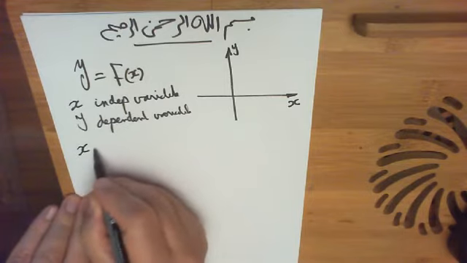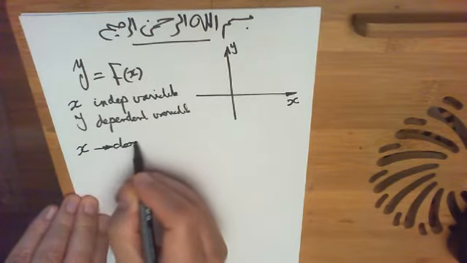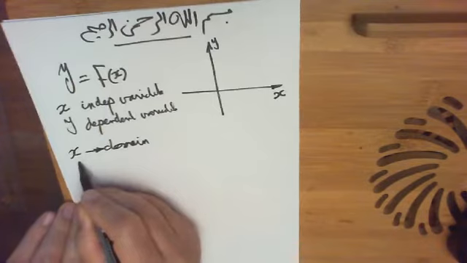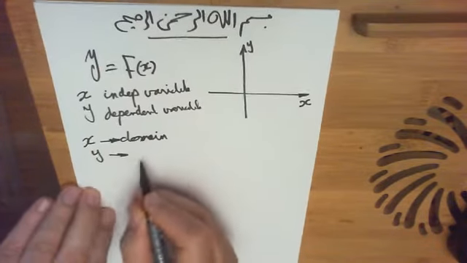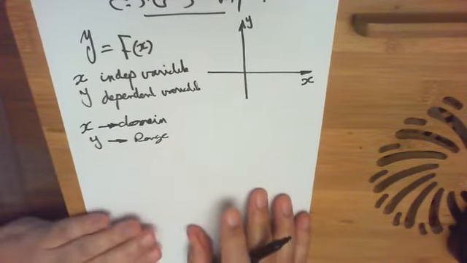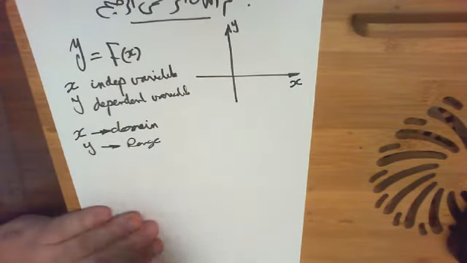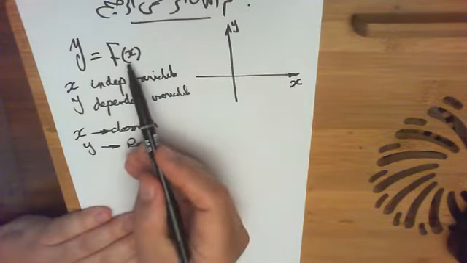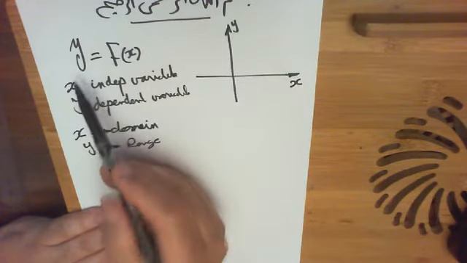X has a domain and y has a range. Actually, y is the image of x. We put some value of x as input, then we have the output as y.